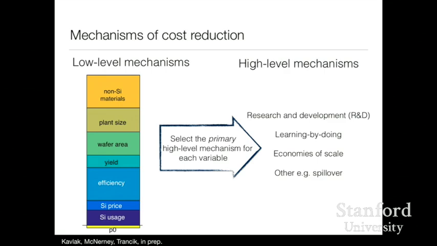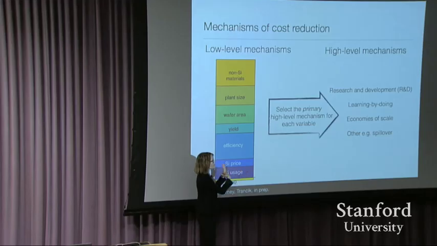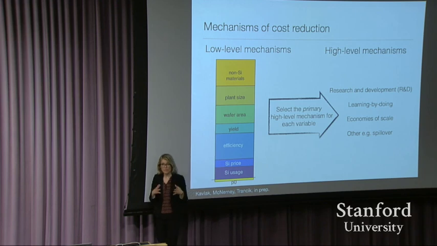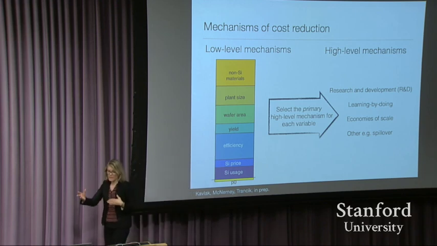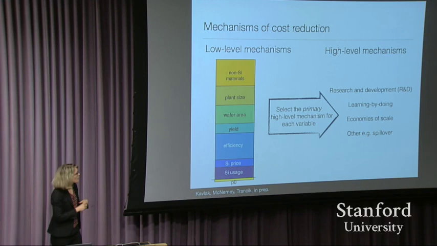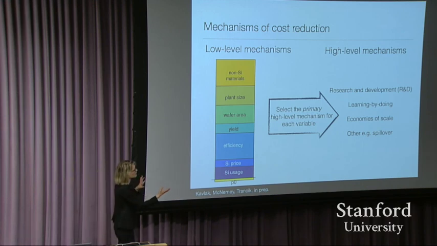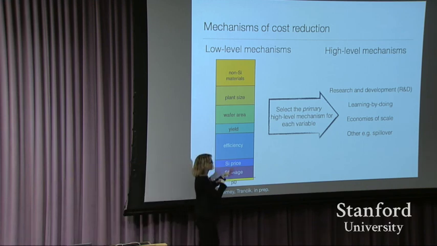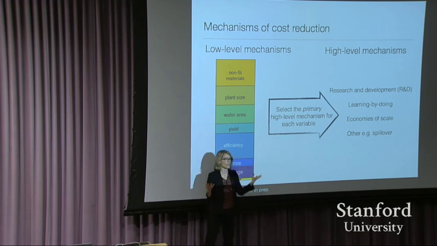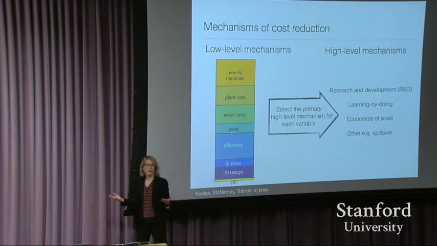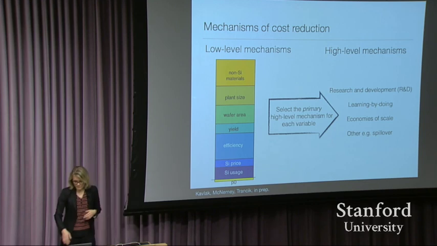And so what's interesting here is that it basically allows us to go all the way back with this model, all the way back to the smallest components for which we have data, of the photovoltaic cell, in order to explain which of these high-level mechanisms that, say, policymakers might care about have been most important.